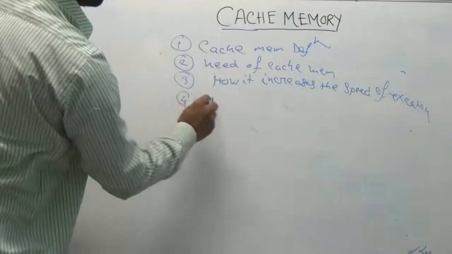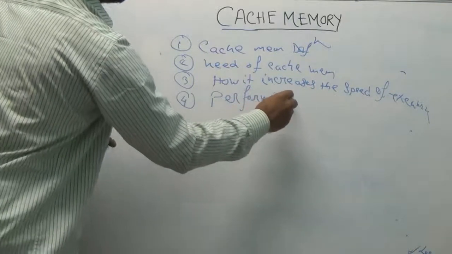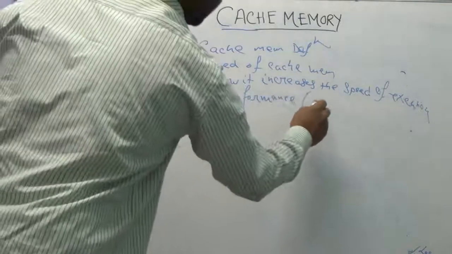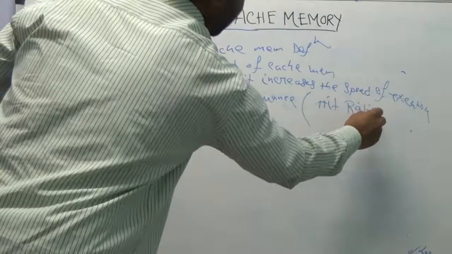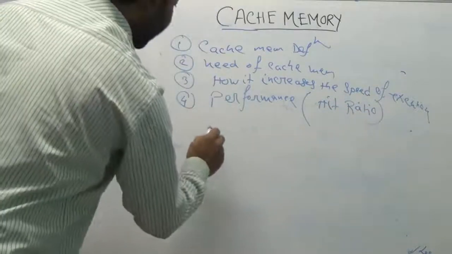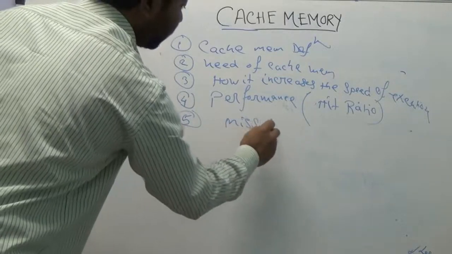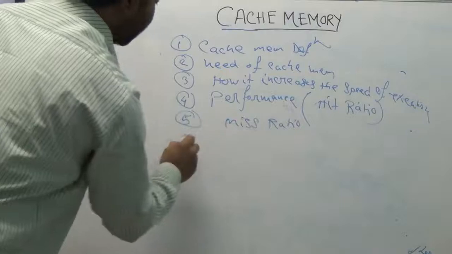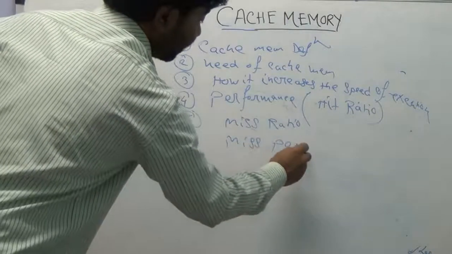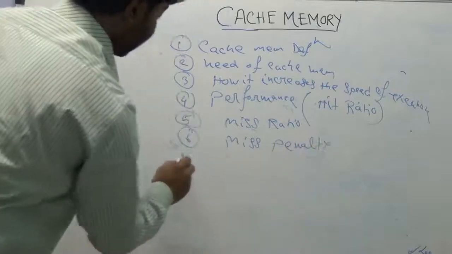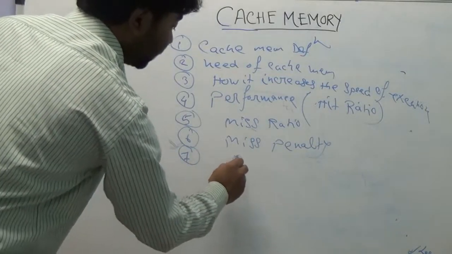Number 4, performance of cache memory, which is calculated as hit ratio. Number 5, what is miss ratio. Number 6 is what is miss penalty. Then we have worked out a problem on miss penalty.